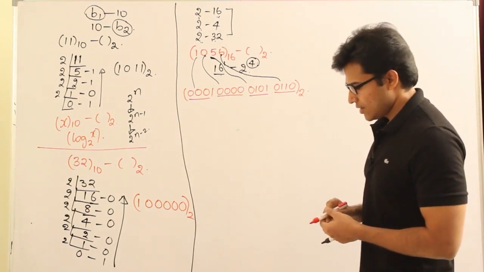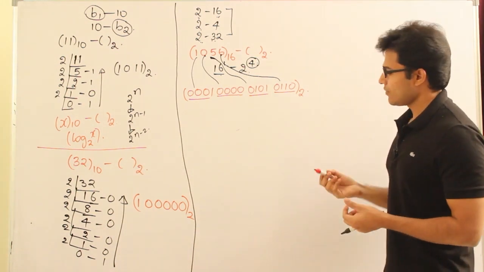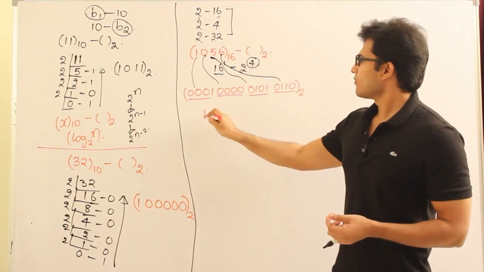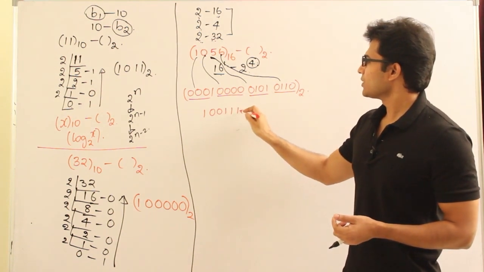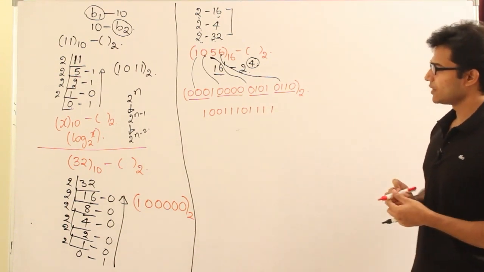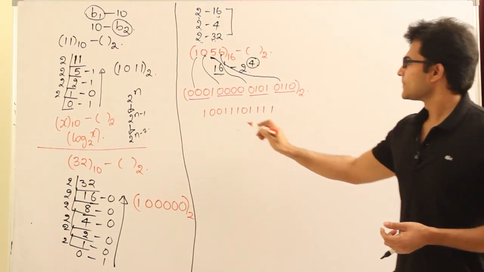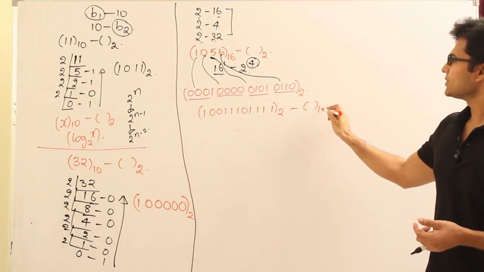And now let's see how to convert a base 2 number into base 16. Let's say we have a base 2 number like this: 1, 0, 0, 1, 1, 1, 0, 1, 1, 1, 1, something like this. Now I want to convert it to base 16.